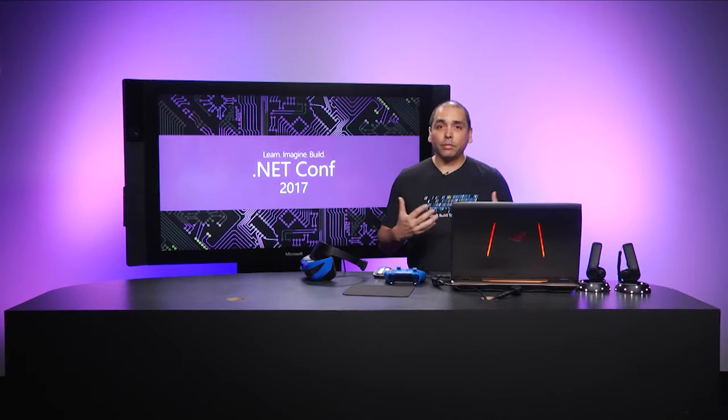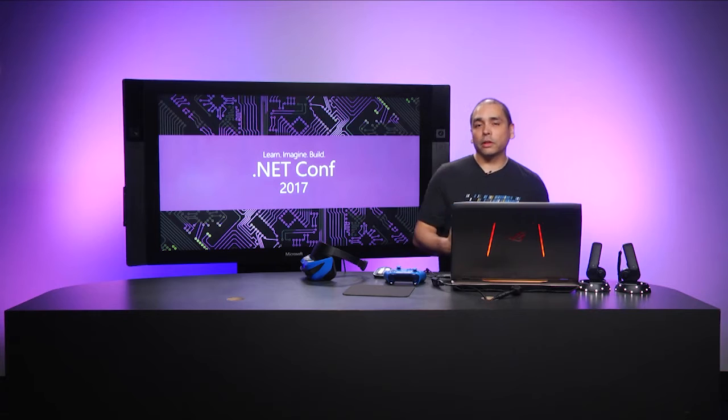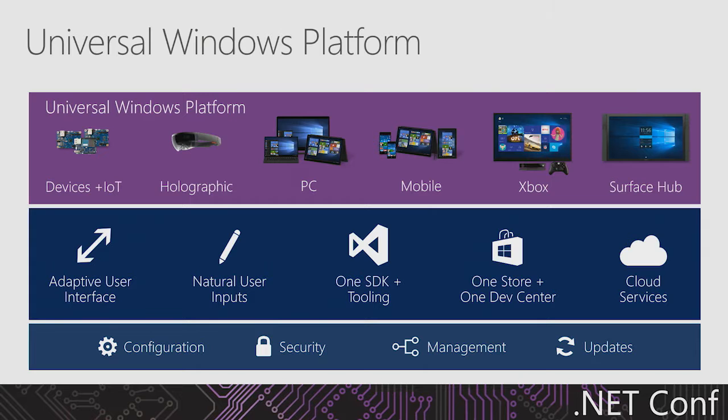For context, for anybody familiar with the Universal Windows platform, we are going to be talking about Universal Windows apps. The premise is simple: you write your application once using WinRT APIs, and then you can target a myriad of devices, for example Xbox or mobile or PC, or since 2 years ago, HoloLens, which is our holographic platform.